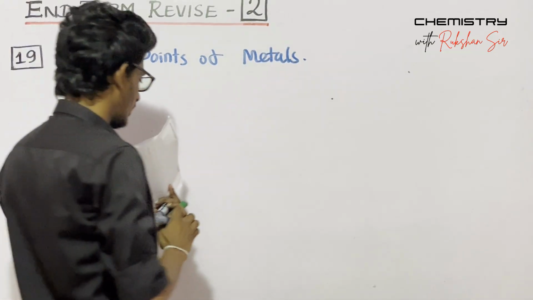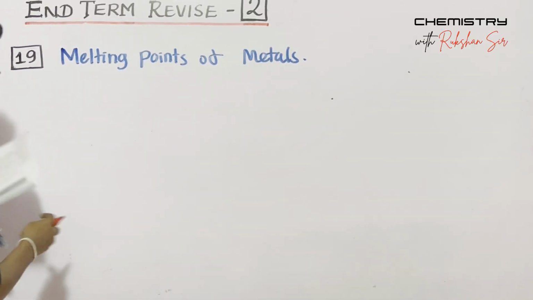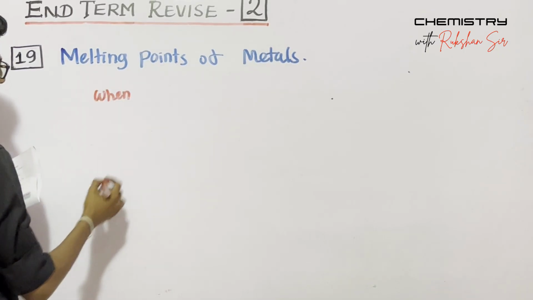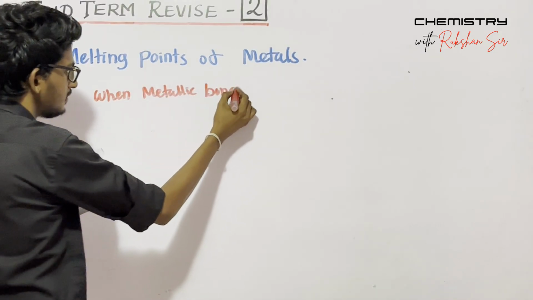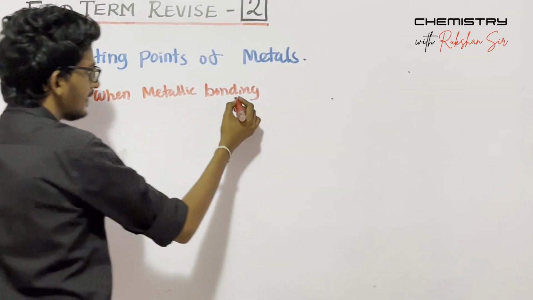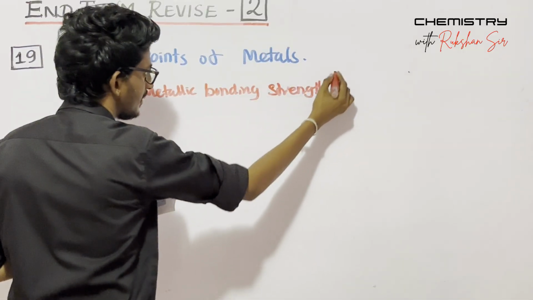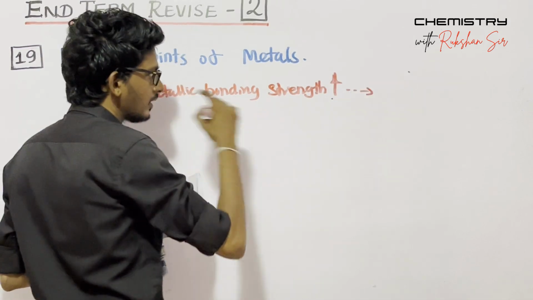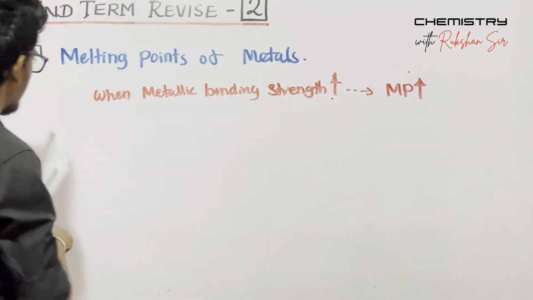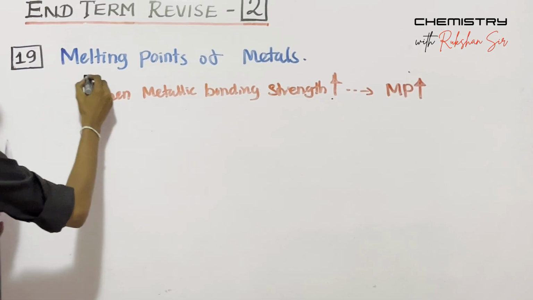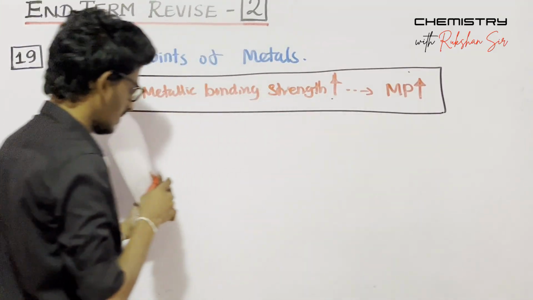So the idea is, when metallic bonding strength increases, your melting points will increase. That is the theory we are going to use here.